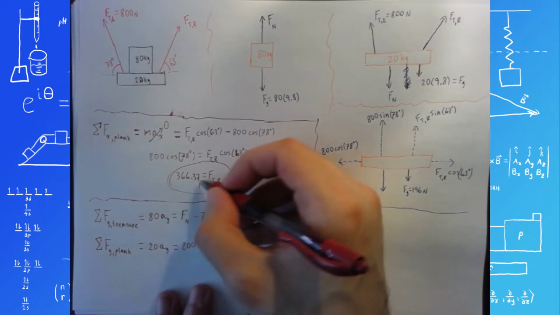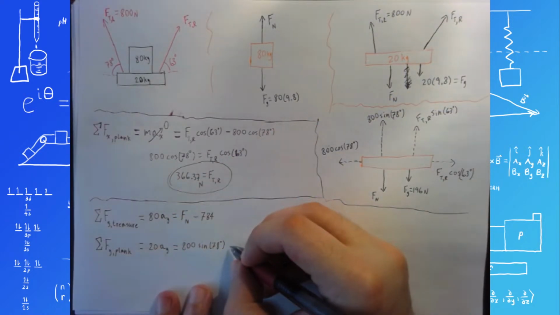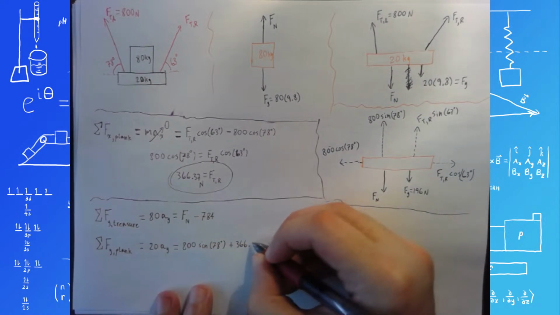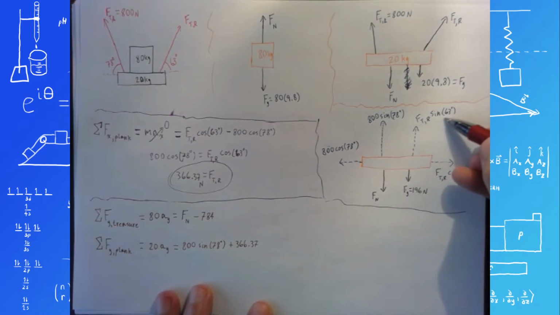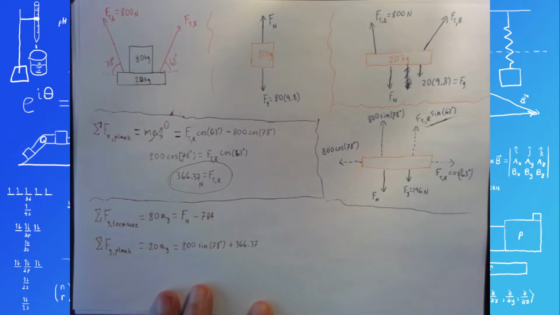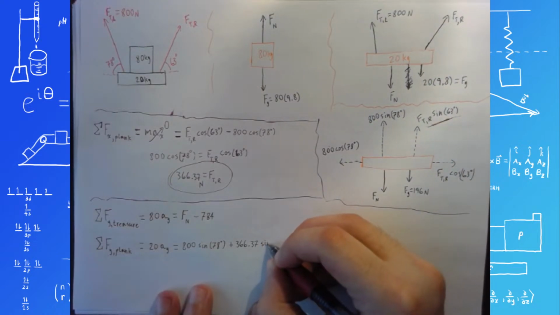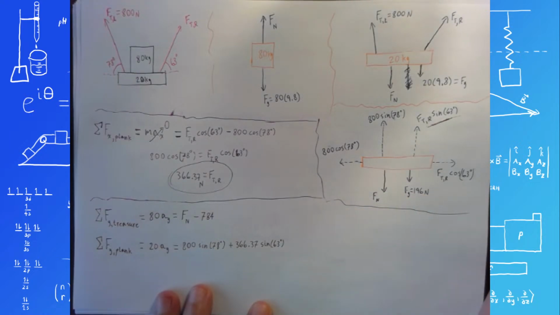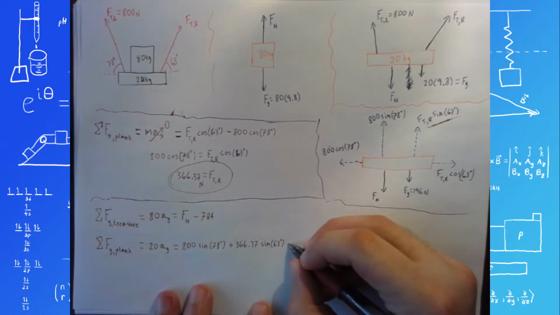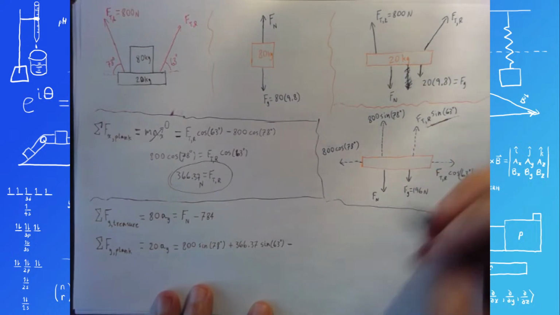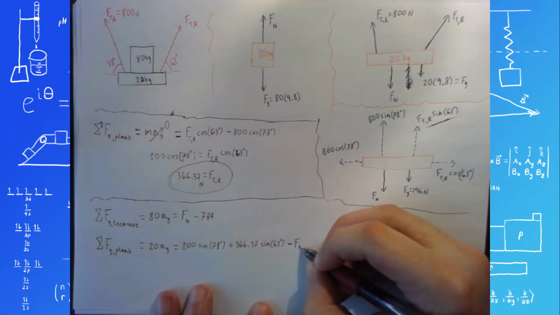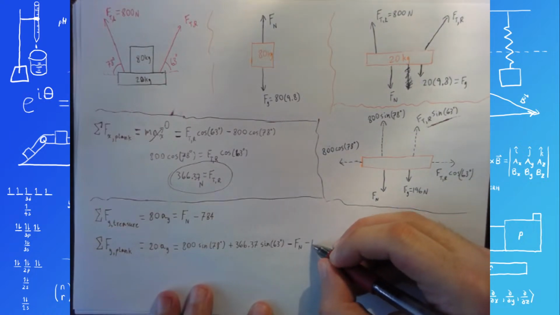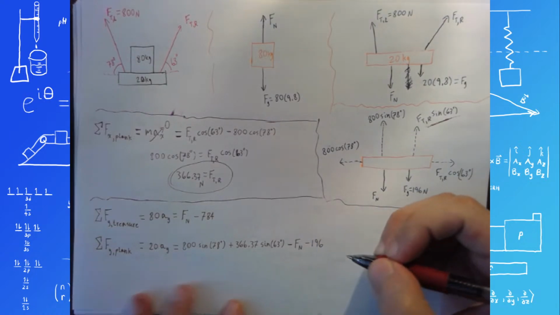Well, we solved earlier for force of tension right, so that's plus 366.37 times sine of 63. And that's forces up minus forces down. We've got the normal force, and we've also got the weight of the plank, which is 196 newtons.